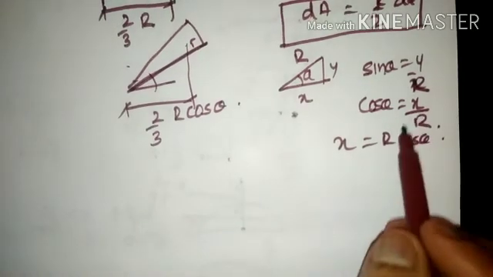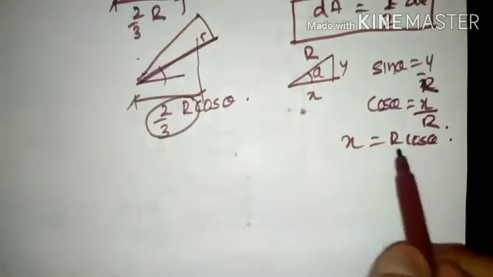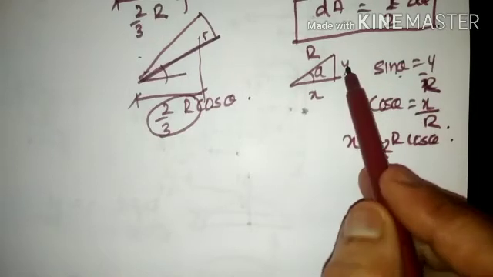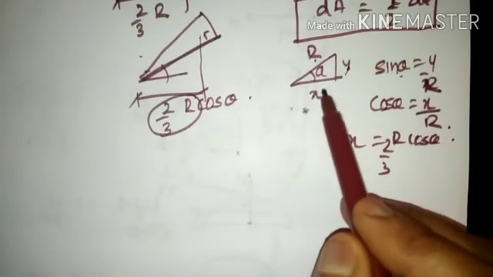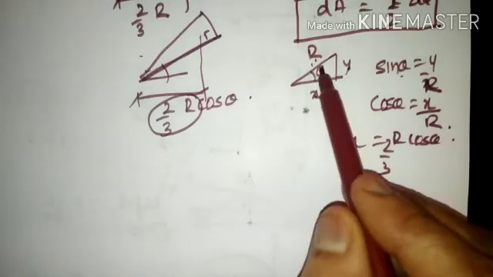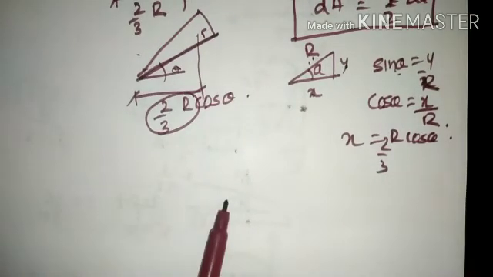This distance is 2/3 of r that we need to consider here. Sine of theta is opposite divided by hypotenuse, and cos is adjacent divided by hypotenuse. So this centroid distance would be 2/3 of r cos of theta when it subtends an angle of theta with respect to the horizontal axis.